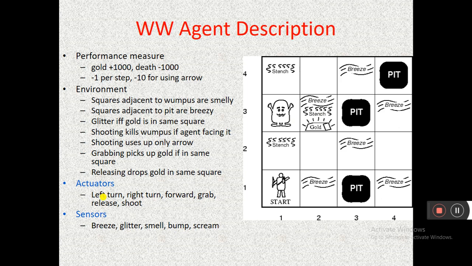Actuator means what the Wumpus world agent can do. It can turn left, turn right, go forward, grab, release, and shoot. The sensors are breeze, glitter, smell, bump, and scream. So these are the different types of sensors. These are actuators that we discussed in lectures 3 and 4. And this is the environment and this is the performance measure.